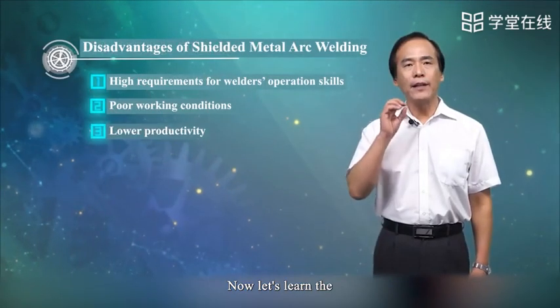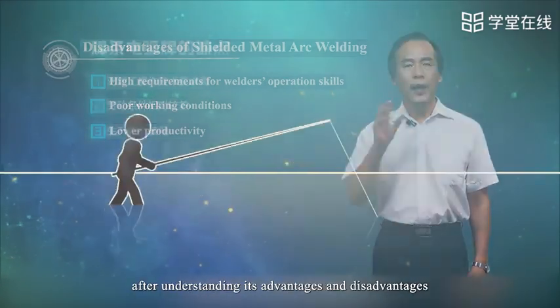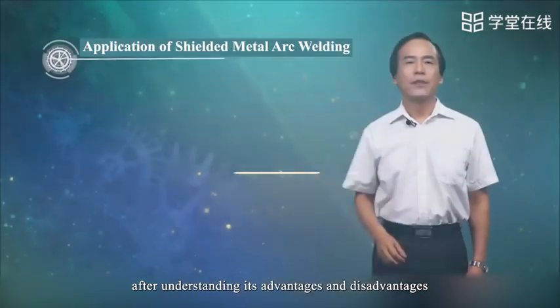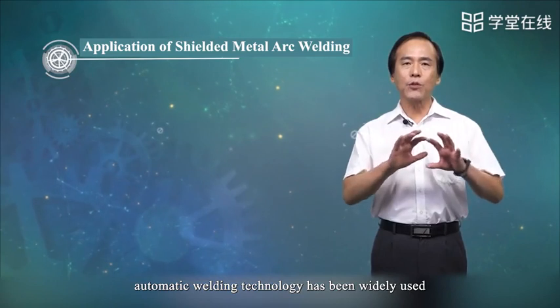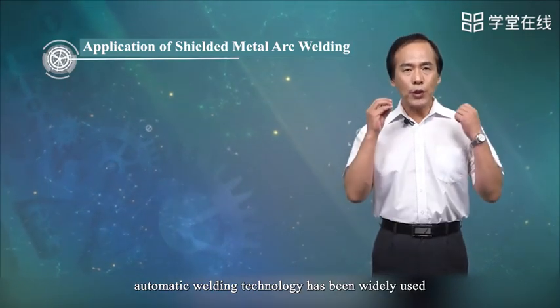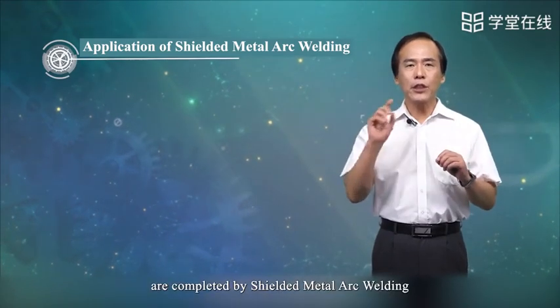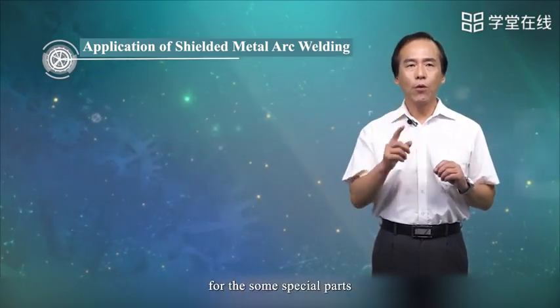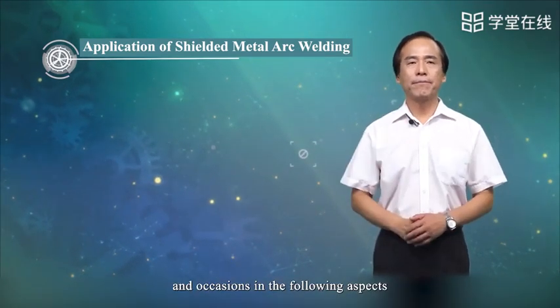Now, let's learn the application of shielded metal arc welding after understanding its advantages and disadvantages. In the modern industry, automatic welding technology has been widely used. Quite a number of welding tasks are completed by shielded metal arc welding for some special parts and occasions in the following aspects.